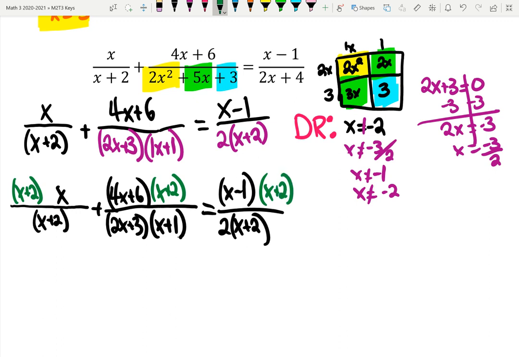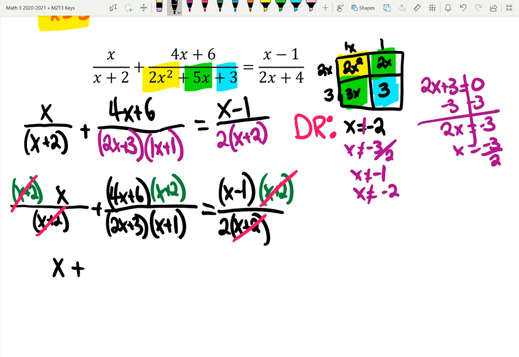What cancels? Well, x plus 2, x plus 2, x plus 2. Oh, wait, no, nothing. I got to watch for that. Sometimes some terms will cancel, sometimes will not. In my last term, x plus 2 and x plus 2 cancel. So let's go ahead and rewrite this in order to have a new perspective.